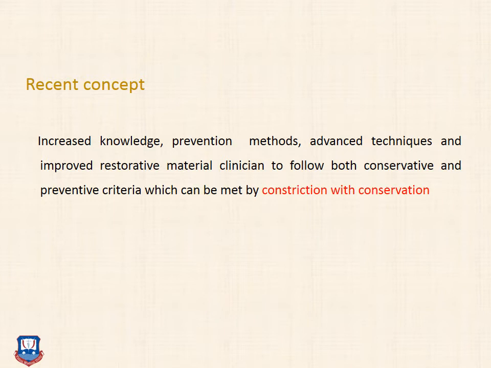So the cavity can be constricted and there will be conservation of the tooth structure. So if we are using these newer advanced restorative materials, the cavity preparation has been reduced. It is a less extensive preparation.